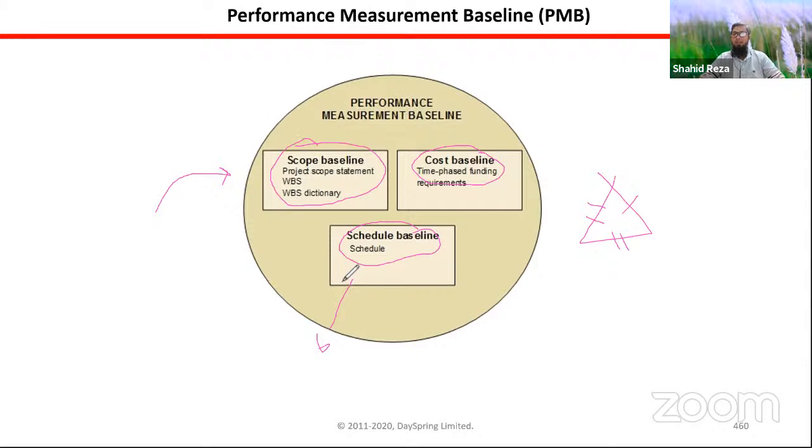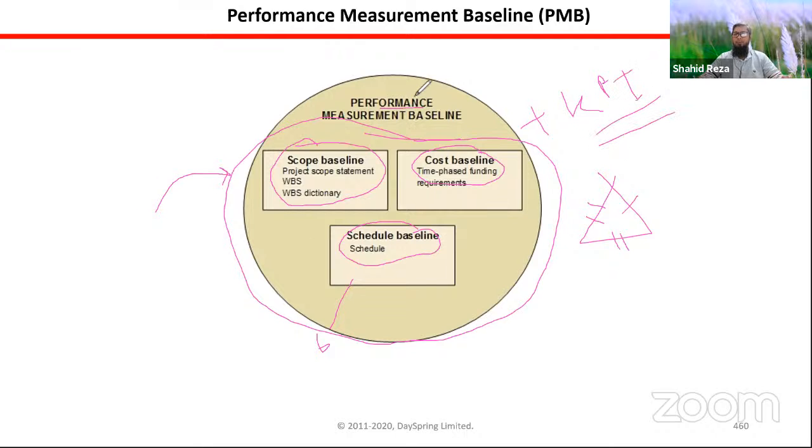That's why these 3 together are known as the performance measurement baseline. With this, there can also be some KPIs or other metrics that can be included here. But generally, these 3 are the mandatory part of the performance measurement baseline.